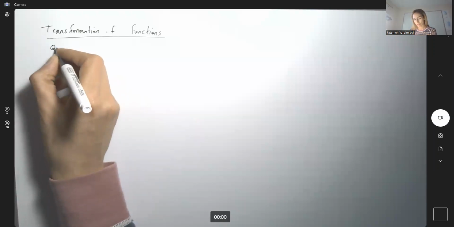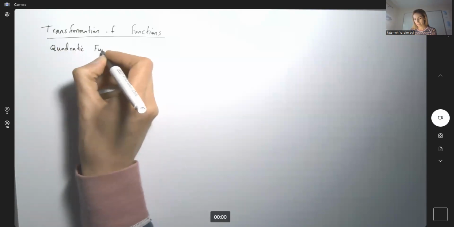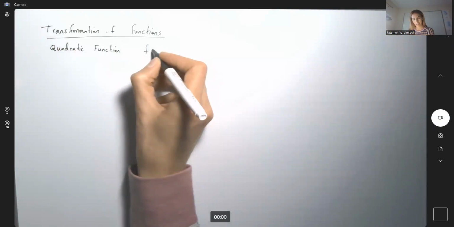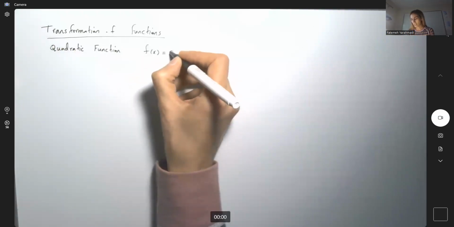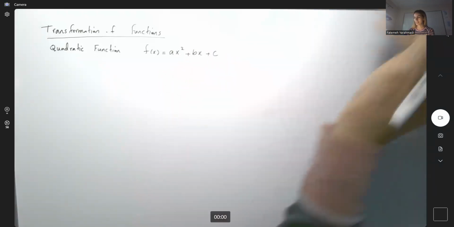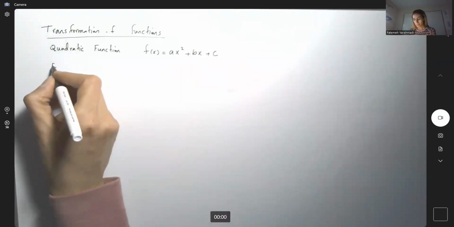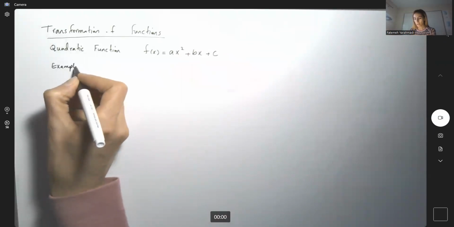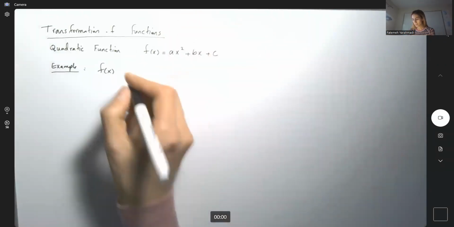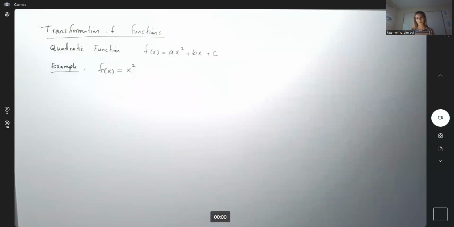Suppose you have a quadratic function. The general form of a quadratic function is f of x equals ax squared plus bx plus c. For example, suppose I give you f of x equals x to the second power.